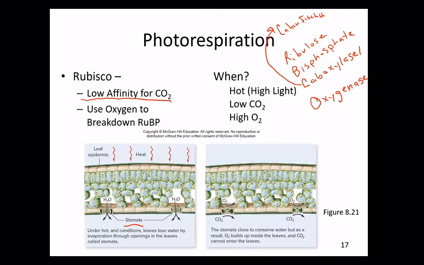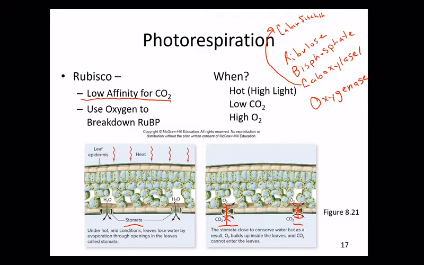Okay, and so what happens is in hot weather they will close, which will prevent the carbon dioxide from coming into the cell. Okay, so the carbon dioxide can't get in, and the oxygen can't get out.